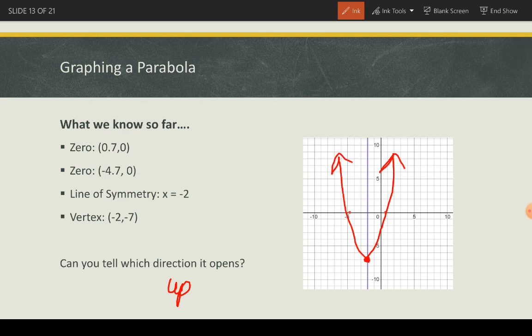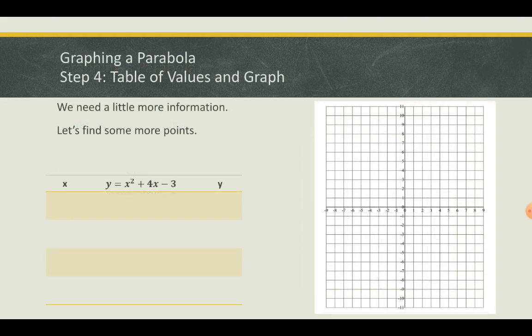Okay, but we're not going to stop here today. We want to get our graph to be more accurate. So there's actually one more step that we want to do. Before we graph this, we want to find more points. So we have to create a table of values, and then we can graph.